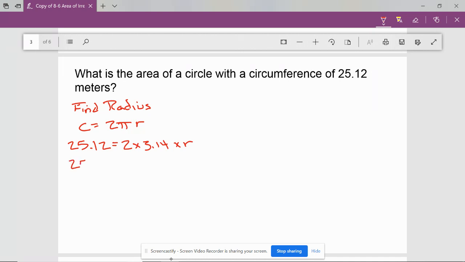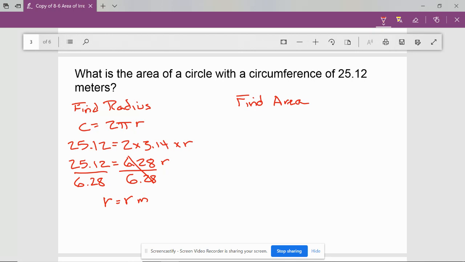So we get 25.12 equals 6.28 r. And when we divide on our one-step equation to get those to cancel out, we get our radius is going to be equal to 4 meters. Okay, and then when we go to find our area, we're going to use our area formula, which is pi times radius squared.